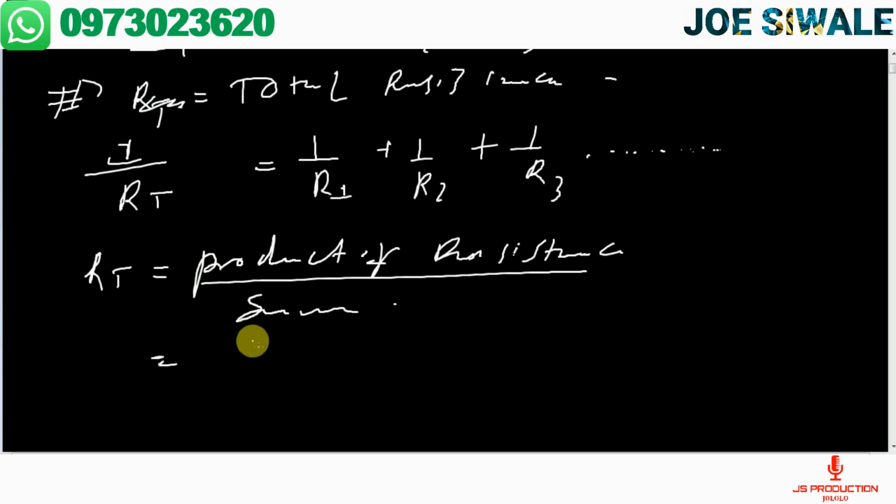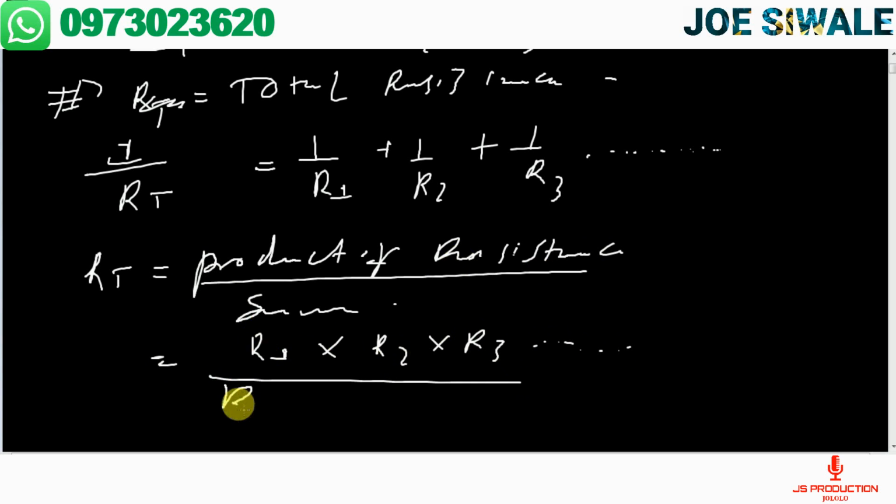So we can say R1 multiplied by R2 multiplied by R3 divided by R1 plus R2 plus R3. These two formulas give the same answer. So you can use one, and let us do some simple calculations.